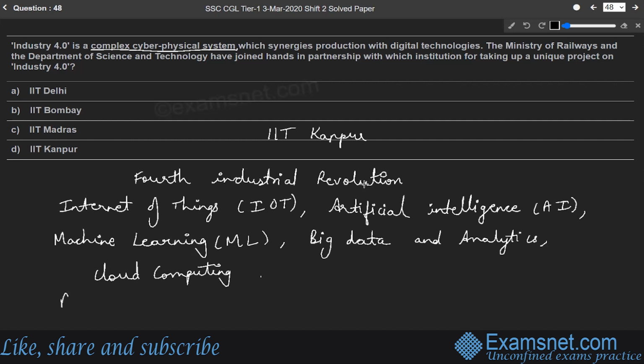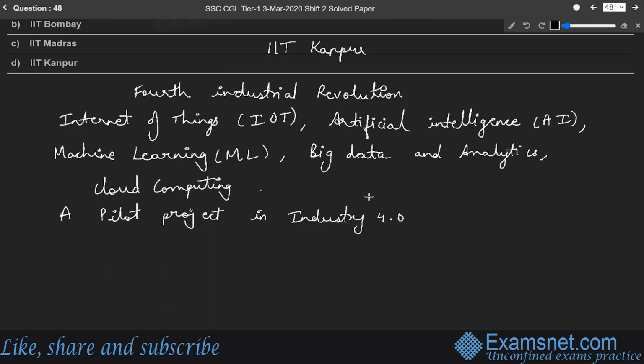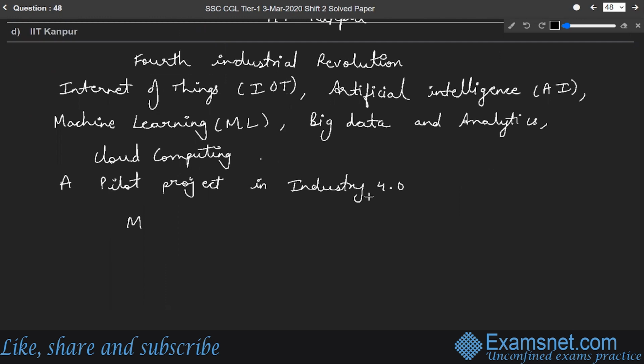The project was a pilot project in Industry 4.0 that is launched for the implementation of MCF. MCF stands for Modern Coach Factory. And it was launched at Raebareli.